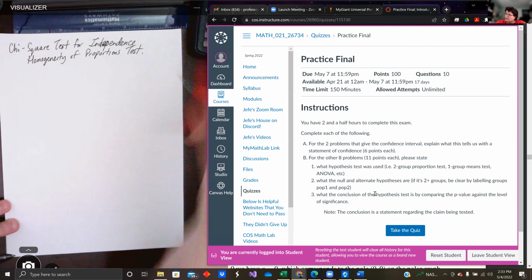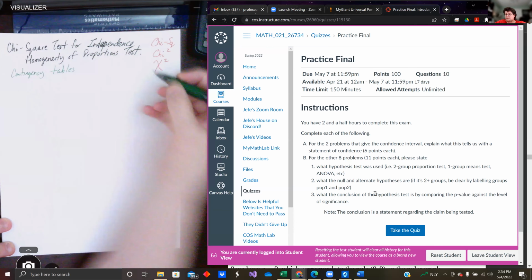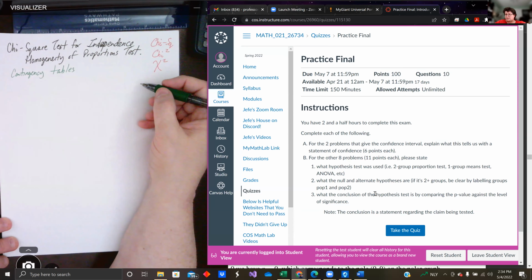This was the one that we've done contingency tables for, which means we need data for different groups.